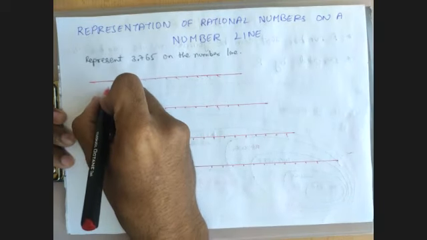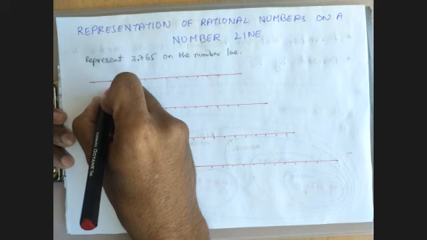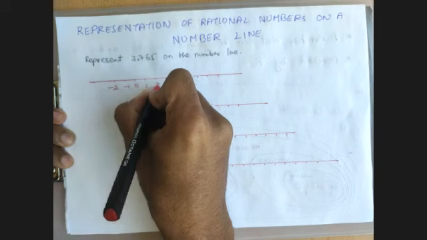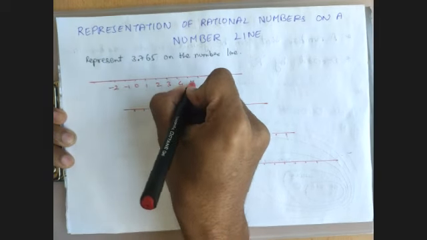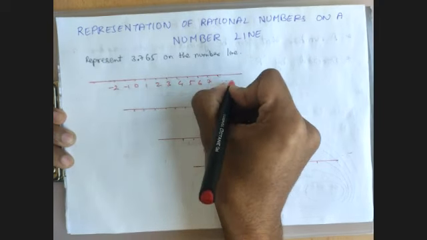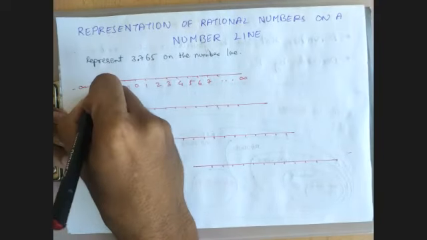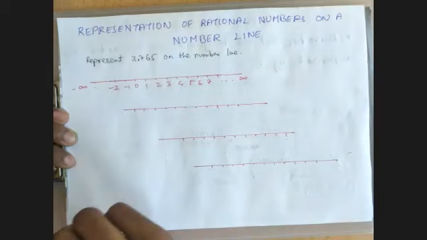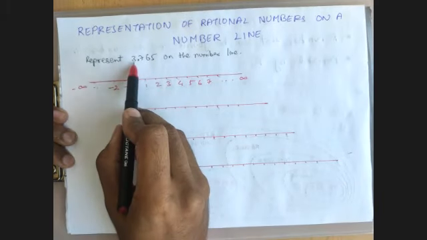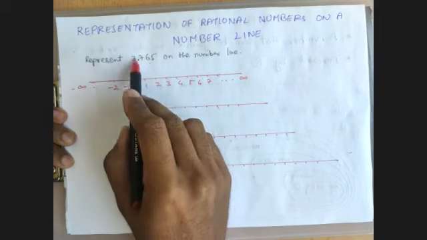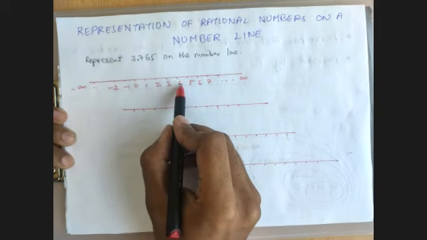We start with a negative number, -1. By seeing this, we can know that 3.765 is between 3 and 4.